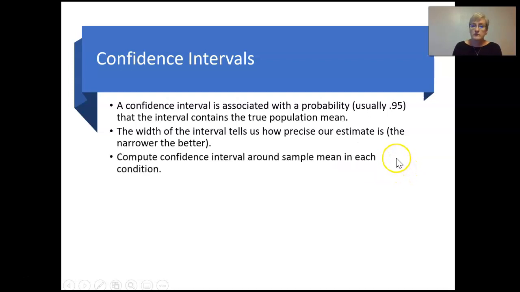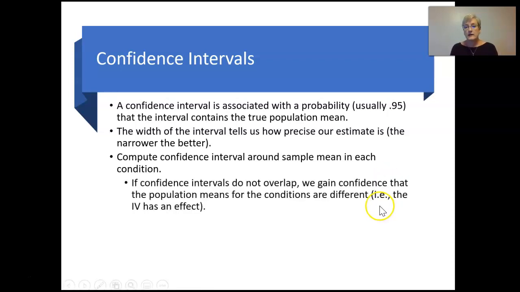What we would do if we were using a confidence interval approach is compute, using a formula, a confidence interval around a sample mean in each of our experimental conditions. If we were to confidently say that there was an effect for our independent variable, we would want to show that the intervals are not overlapping.